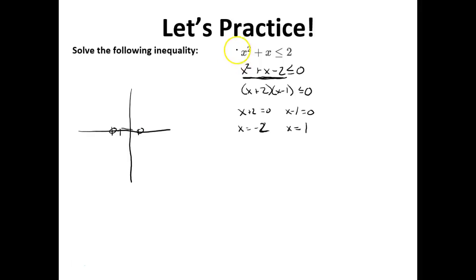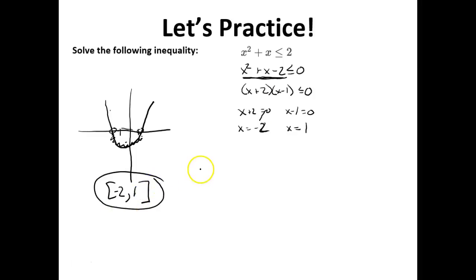It's pointing up because there's a positive in there, like that. Where is this less than or equal to 0? Well, it's in this range right here, on the interval. This time, negative 2 can be included because of the less than or equal to, up to 1, like that, would be the solution.